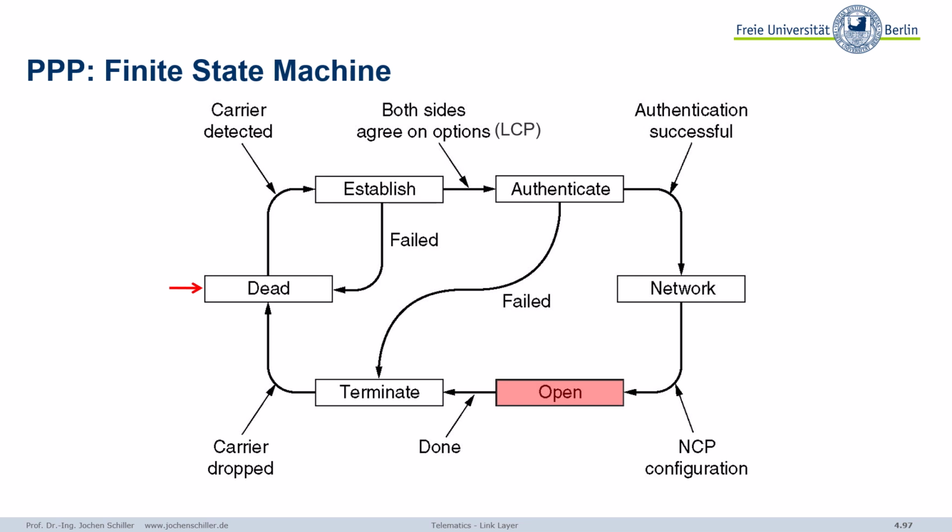So you see here those three phases. First is this physical layer check, and then we establish the link layer, do the authentication, and then we establish layer 3, and then we have an open connection. Then, if everything is over, we terminate the connection, we drop the carrier, and that's it.